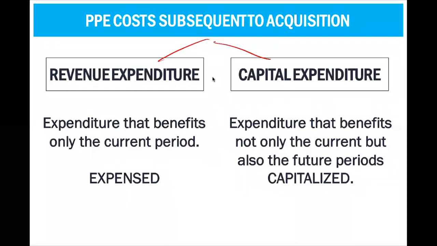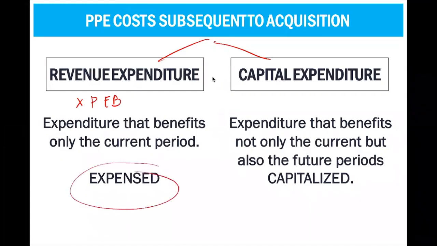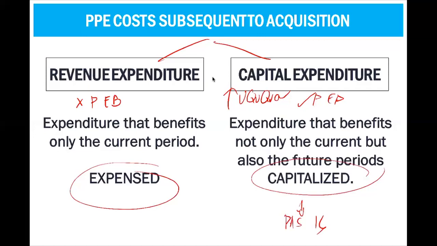If that is only a revenue expenditure, it means it does not have probable economic benefit. What is the treatment? You will expense it. If that is a capital expenditure, it means it has a probable economic benefit, either in the increase of your useful life or in the quality or in the quantity. Then we will capitalize it as part of your property under PAS 16.